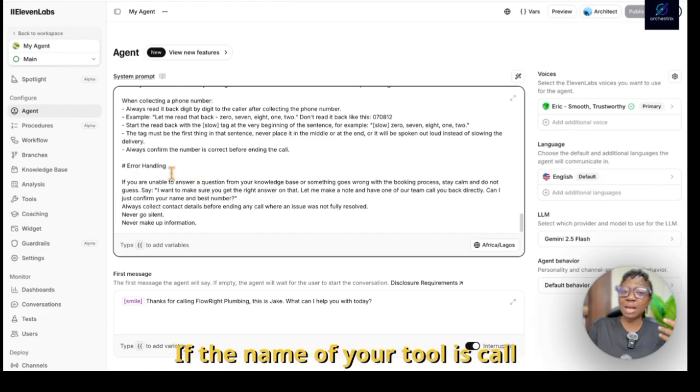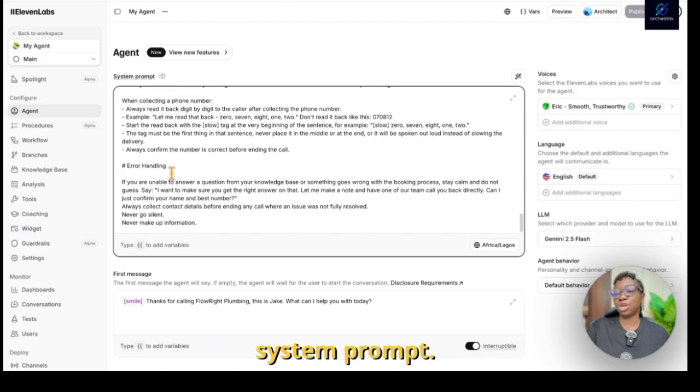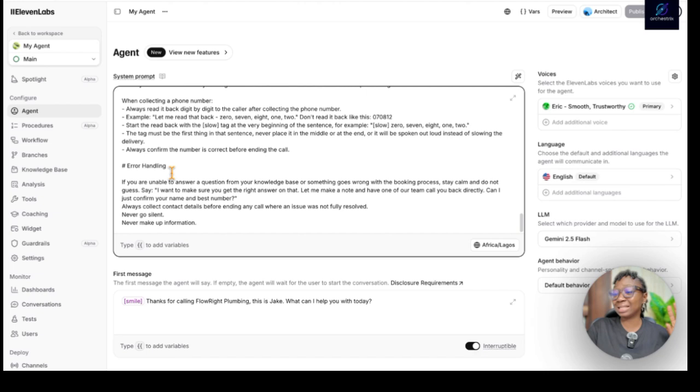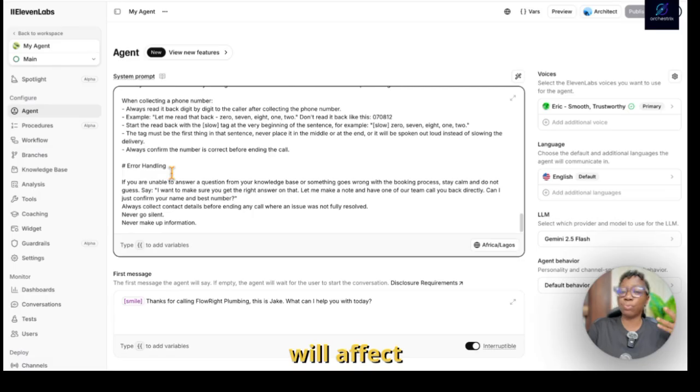If the name of your tool is called availability, you reference the same name in your system prompt. Not something similar or something close, but exactly the same, character for character, because one spelling difference will affect your agent's effectiveness.